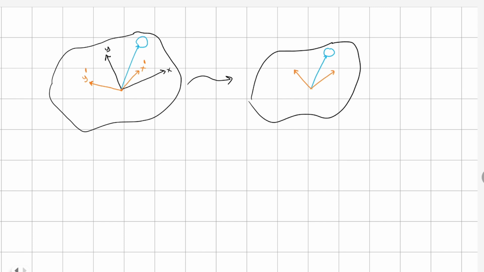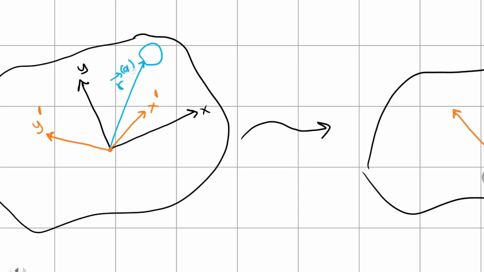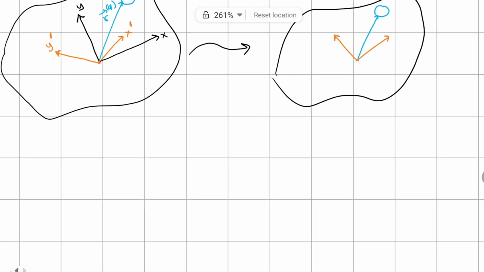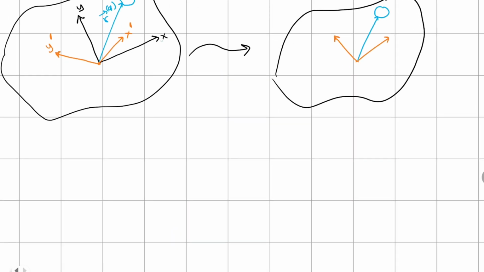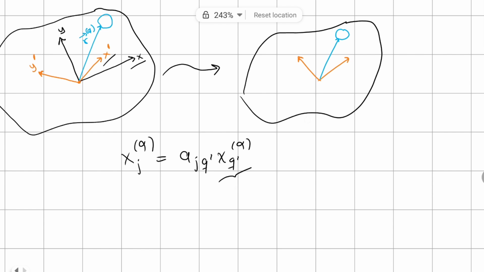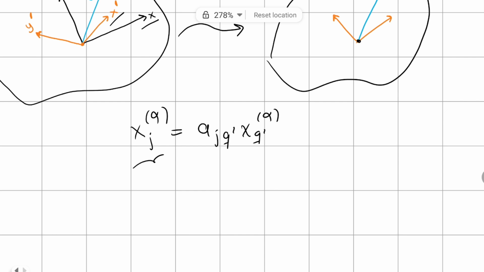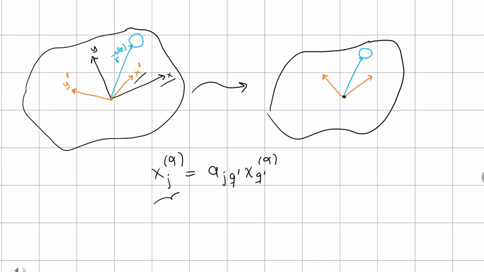The first relation relates the components of the position vector r for the particle alpha in the natural coordinate system and the prime coordinate system: the j component of this vector is equal to a_jq prime times x_q prime alpha, where this is the component in the prime basis, the one fixed to the rigid body, and this is the component in the natural coordinate system, an inertial frame that is staying at the same point.